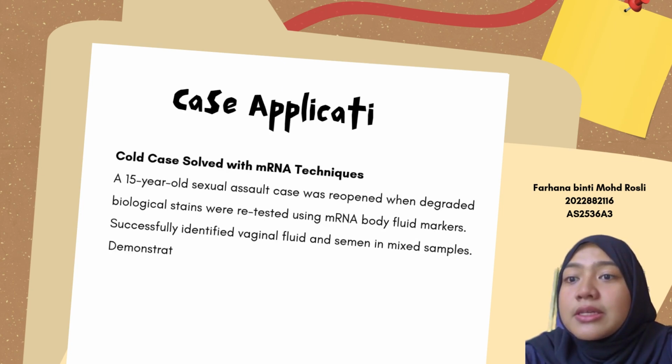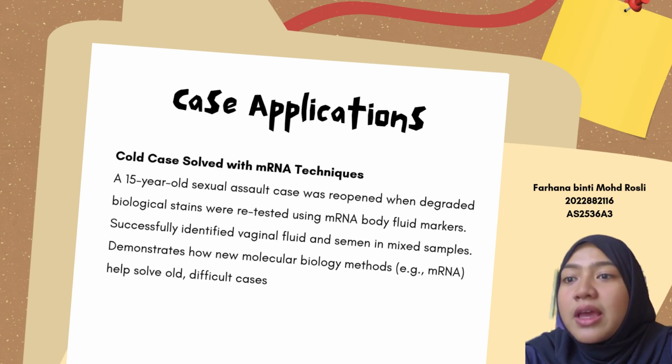In another interesting case, a sexual assault investigation that had gone cold for more than 15 years was finally reopened and solved thanks to advancements in molecular biology. At the time of the original investigation, the biological evidence was too degraded and couldn't be used effectively. But years later, scientists used an mRNA-based body fluid identification technique to re-examine the evidence.